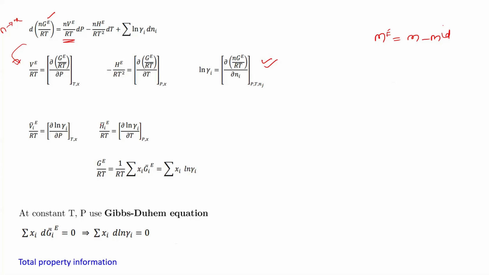Now here we see if I know gamma, I will get GE, I will get HE, I will get VE. So I'm completely getting the total property information.